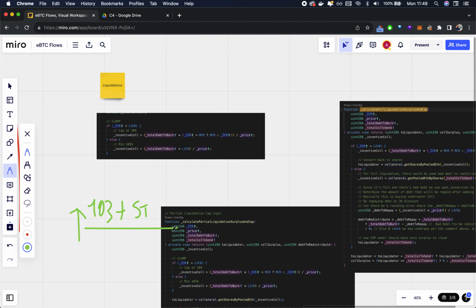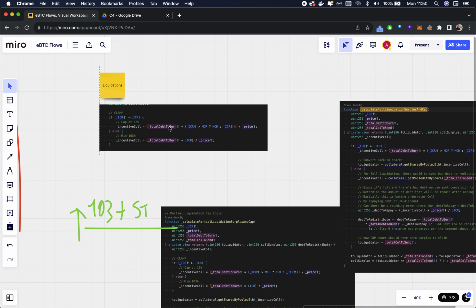That's what you will always get. And then if the CDP is healthy enough, we're going to give you a bonus that grows up to MCR, so up to 110 plus the stipend. And so that's really what we're doing here.